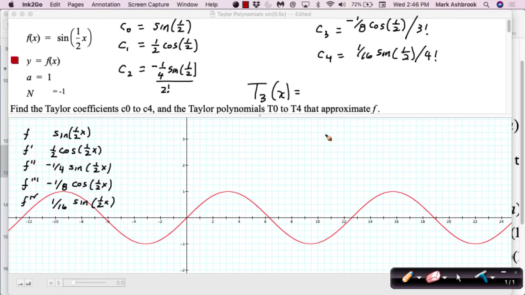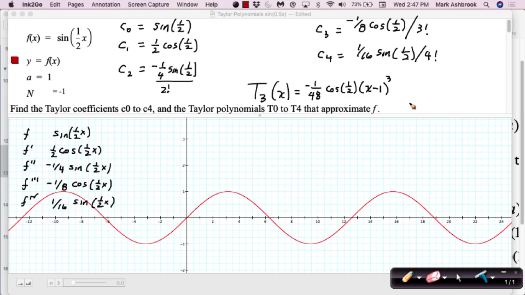Let's actually simplify this. Negative 1/8 and 3 factorial will give negative 1. 3 factorial is 6, right? So negative 1 over 48 cosine 1/2 times x minus 1 cubed, right?